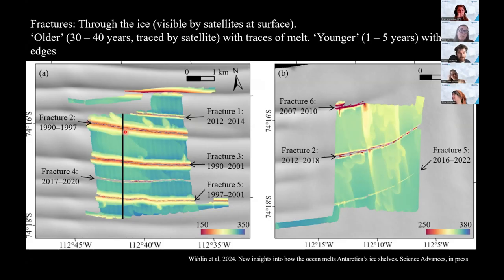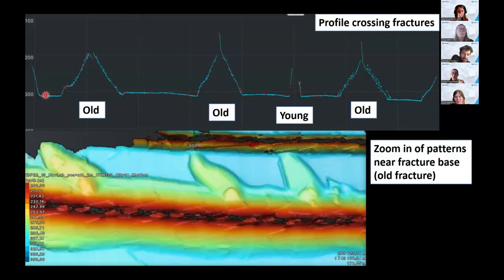And if you look at a transect like this, if you take a cross section and plot the ice, you see this blue line here. So this is what an old fracture looked like in the profile, quite similar to this one there. And this is a young fracture there.